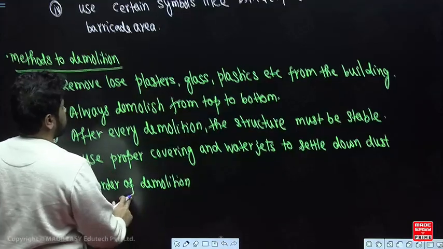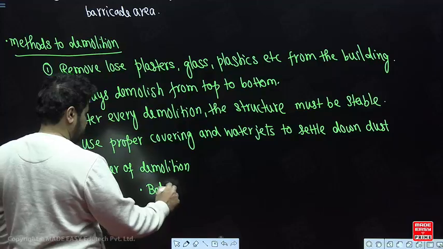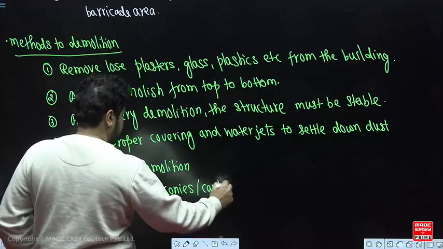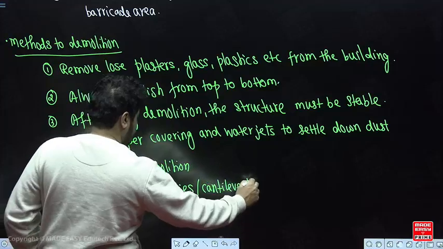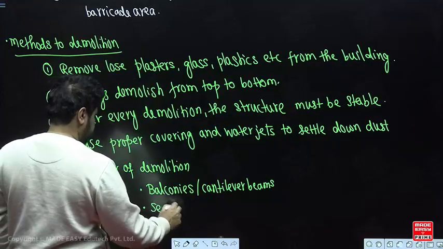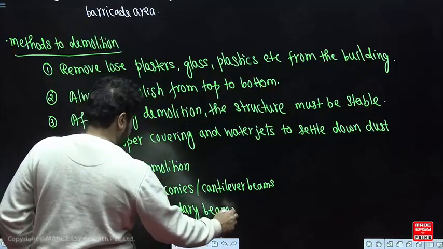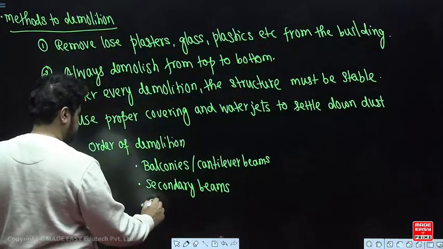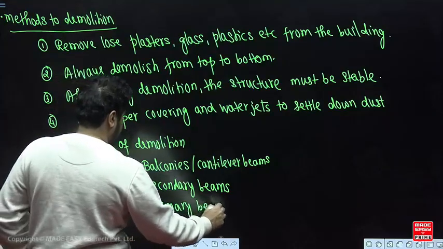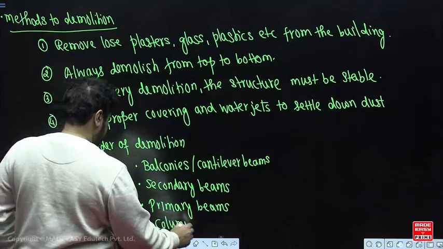correct. So first you have to break the balconies or cantilever beams, then secondary beams, then primary beams, and then finally columns, correct.